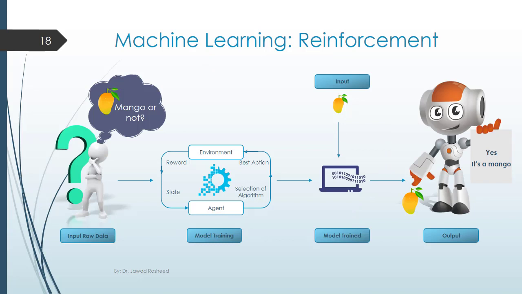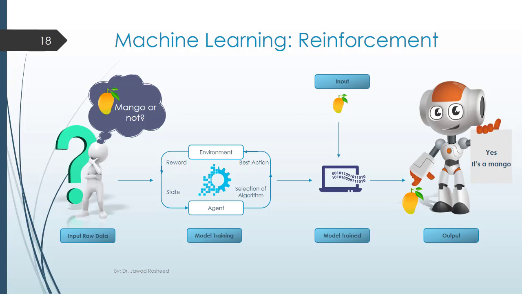Reinforcement learning is about interaction between two elements, the environment and the learning agent. The learning agent, I will discuss this picture later on.